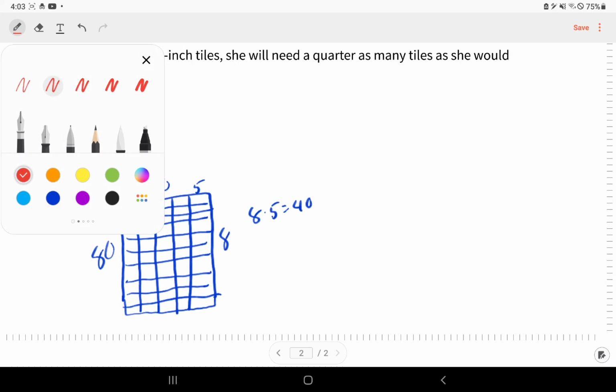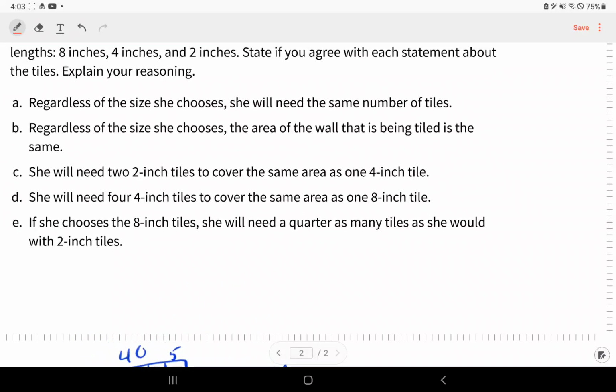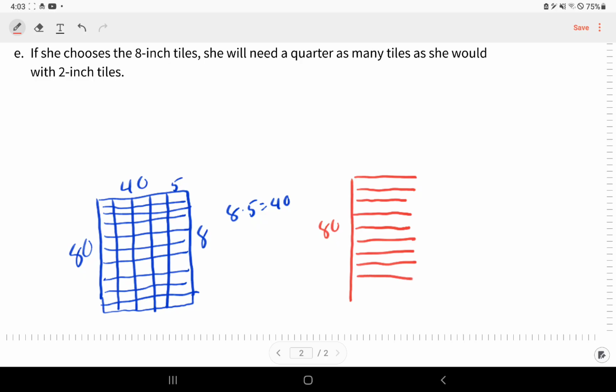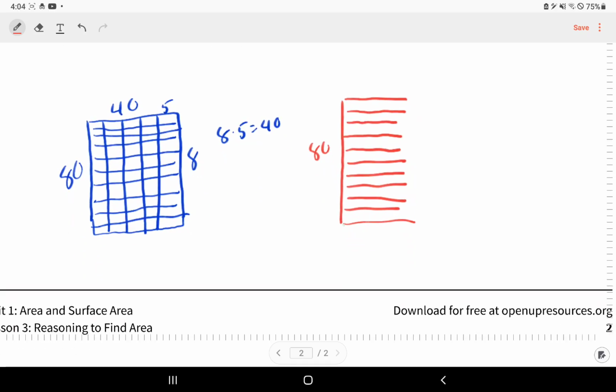Well, now, if I use the 4-inch tiles, 4 goes into 80 20 times. 4, 5, 6, 7, 8, 9, 10, 11, 12, 13, 14, 15, 16, 17, 18, 19, 20.